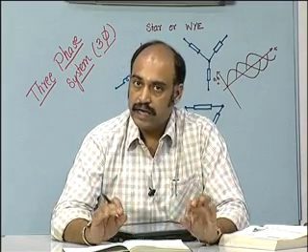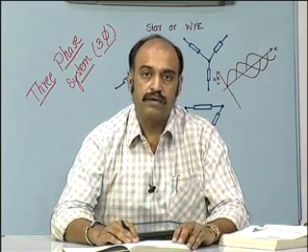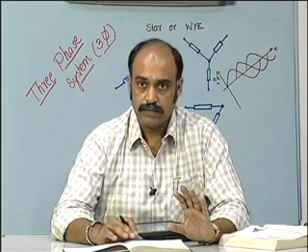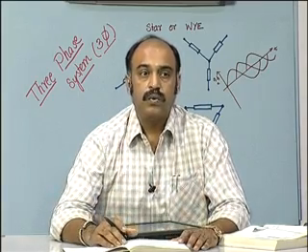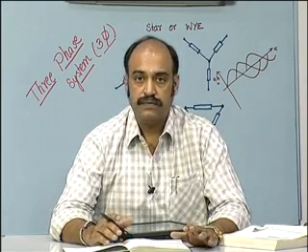That would give you the equivalent total power that is drawn by the 3-phase load. If it is a 3-phase 4-wire system, then just connect 3 watt meters, add up the 3 values, and you get the power. We stop here and then continue in the next class with 3-phase transformers.